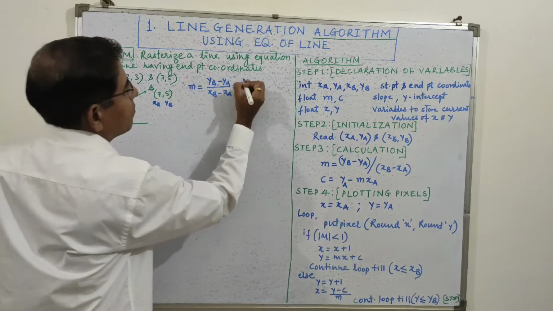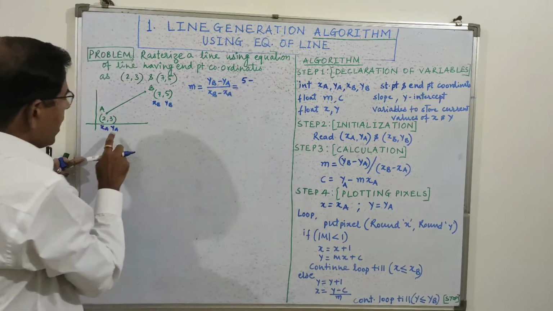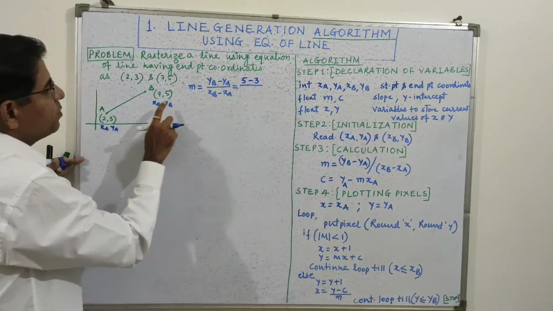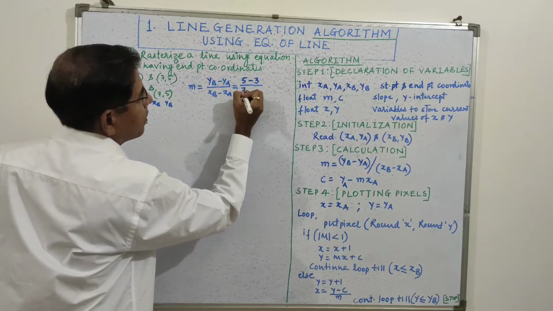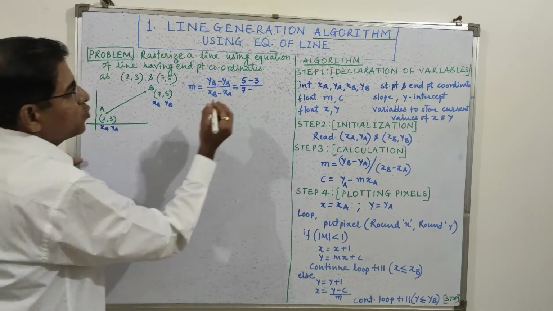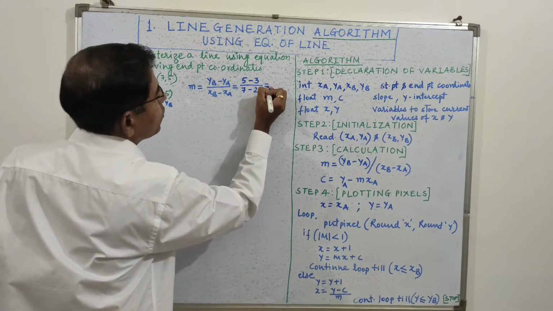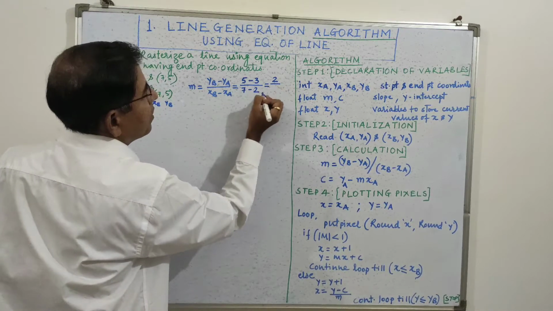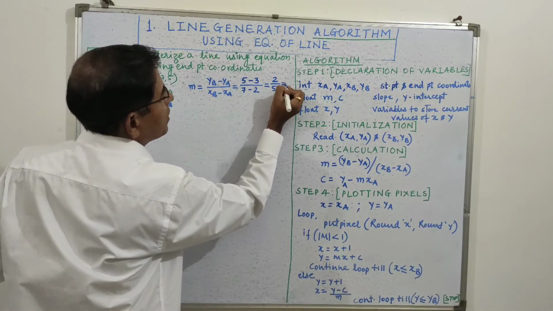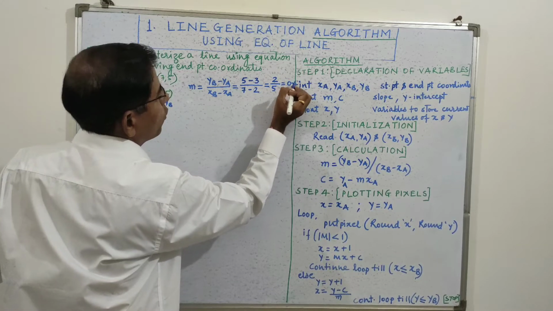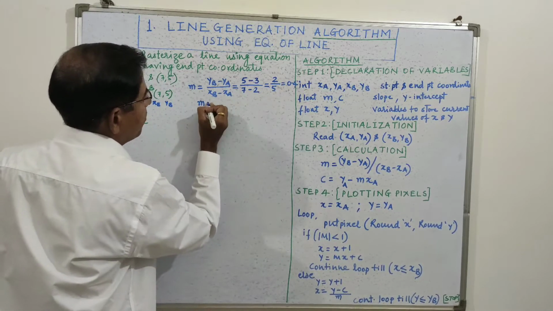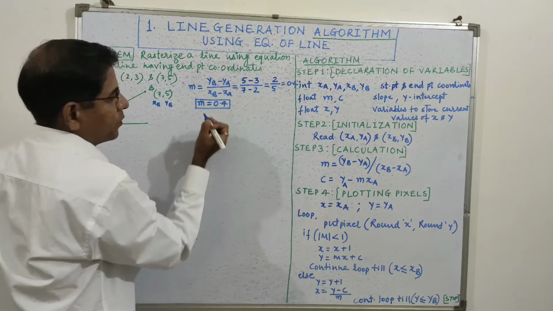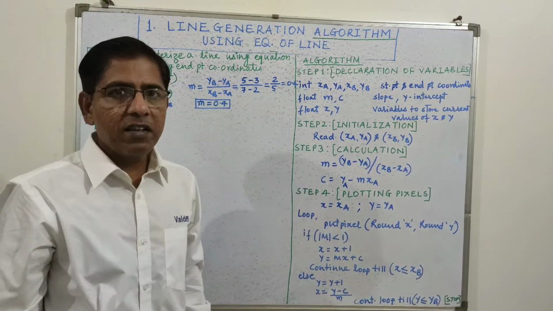YB is 5 minus YA is 3 upon XB is 7 minus XA is 2. So this is nothing but 2 upon 5, that is 0.4. So the value of M is 0.4. So slope is ready with us.